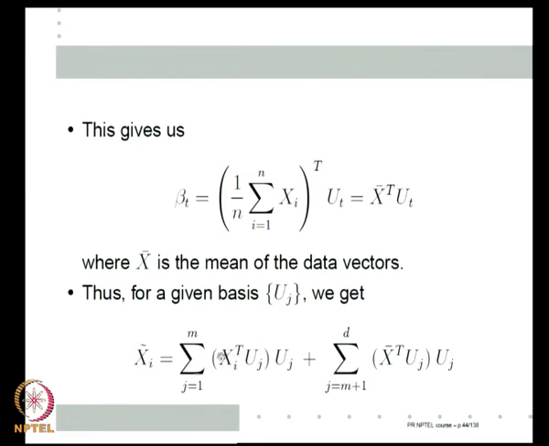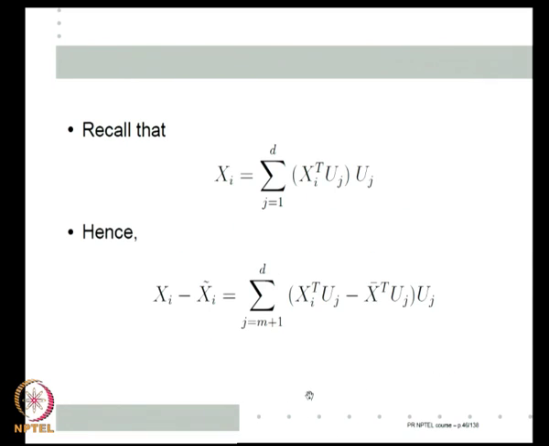So, for j equal to 1 to m, the uj's coefficient in xi minus xi tilde will be 0, only this will survive. So, I can now write xi minus xi tilde as the sum over j equal to m plus 1 to d, where xi's coefficient for uj is xi transpose uj, whereas xi tilde's coefficient is x bar transpose uj, only from j equal to m plus 1 to d. So, this is my error.